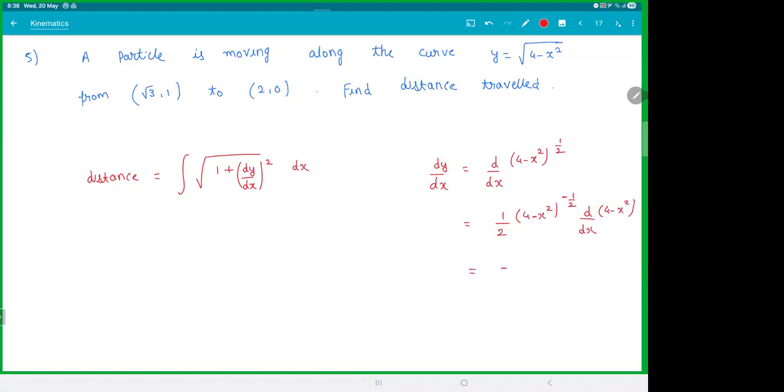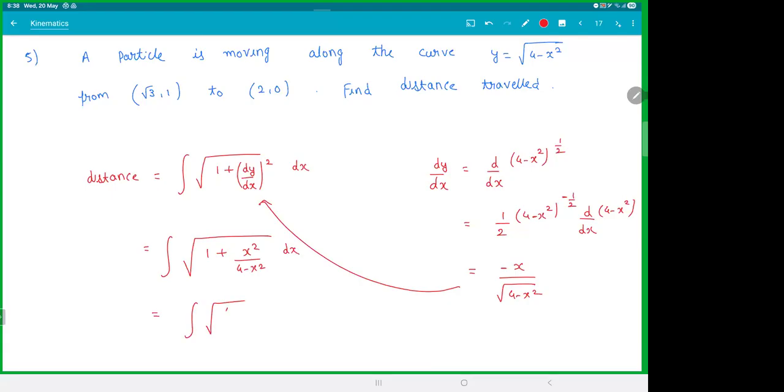That would be minus 2x. That will be minus x by root over 4 minus x square. Take this and substitute here. 1 plus x square by 4 minus x square dx. That would be root over 4 by 4 minus x square dx.